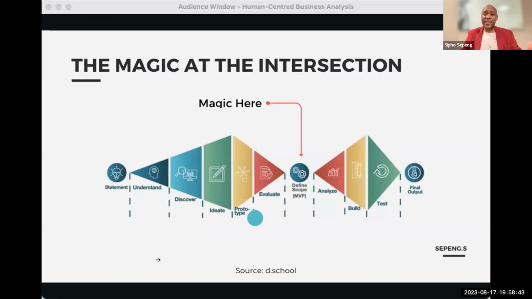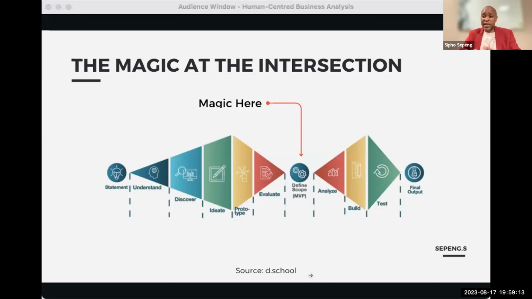And through ideation, we then prototype and scale down to the most feasible solution, but not only feasible because that's the capability that we have internally in the organization, but that it should be desirable as well for the humans that we are creating the solutions for, and equally viable for the business that we are running.